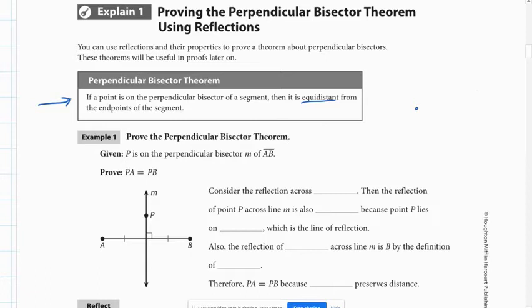Again, that's saying if we have a segment AB and a perpendicular bisector, any random point I pick on the perpendicular bisector will be equidistant from A and B. So that distance to A and that distance to B will always be the same. Pick another random point. That point is equidistant from B and A. That's what the perpendicular bisector theorem is saying. Any point that you pick on the perpendicular bisector is going to be equidistant from the endpoints.